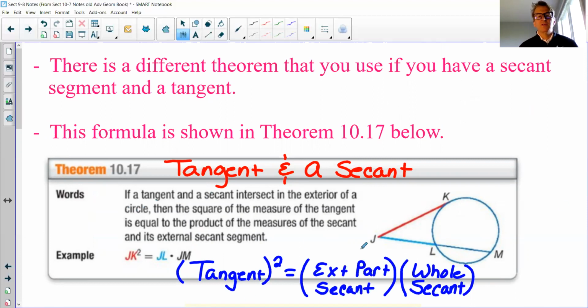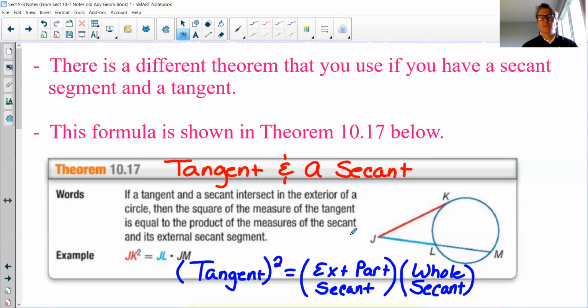There's a special relationship here that says if a tangent and a secant intersect in the exterior of a circle, then the square of the measure of the tangent, which in this case would just be JK, is equal to the product of the measures of the secant and its external secant segment.